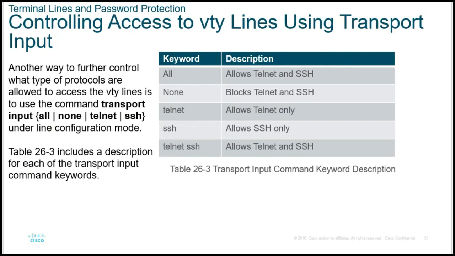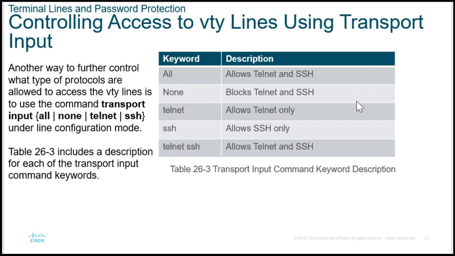Since on the VTY line we can access using either Telnet or SSH, we can restrict the access further by using the command transport input. So say we know that Telnet is insecure because it's plain text. We can enforce that the input line can only use SSH by using the keyword transport input ssh.